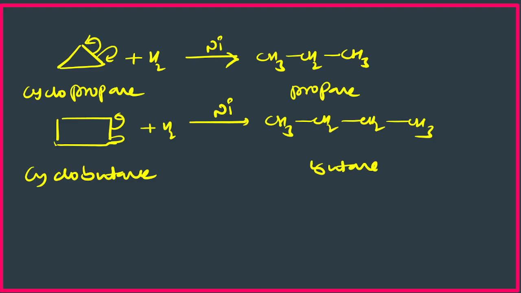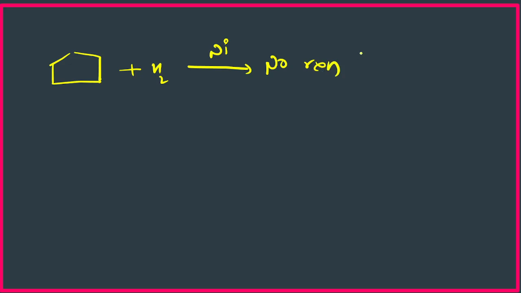See, have a look at if cyclopentane is present with hydrogenation with the nickel catalyst or platinum or palladium catalyst. What is the product? What happened in this reaction? It is no reaction. What is the reason behind it? They are stable.